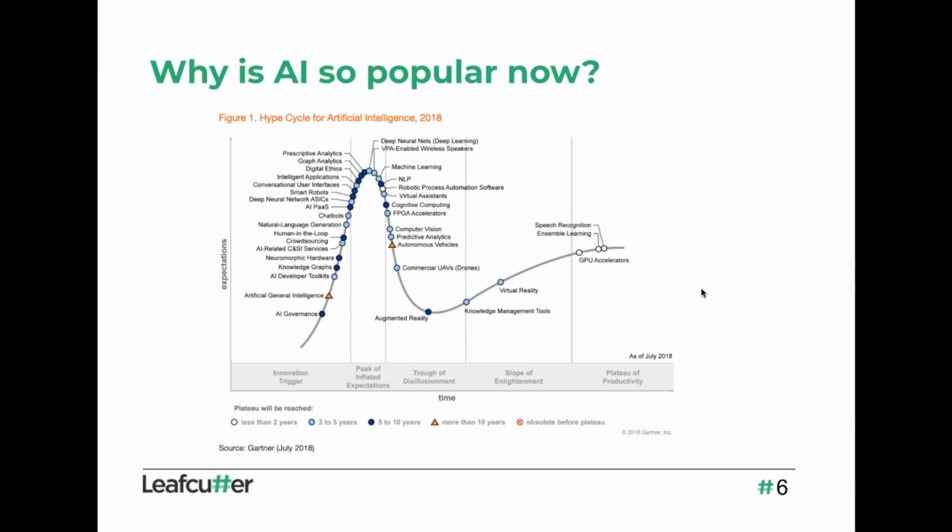There were people predicting in the 80s that by the 2000s we would have Terminators everywhere. Obviously that hasn't happened, but this hype cycle has happened before, but this time it's a little bit different. We have a lot more there now than we did before. There's a lot more access to it. I think while we'll have the trough, it will be more of a gradual increase over time. So that's why I think that AI is popular now.